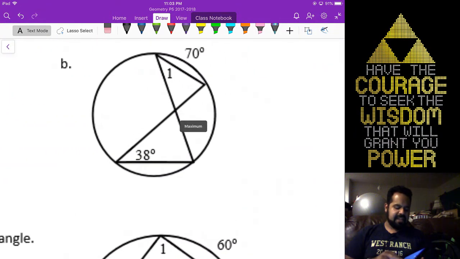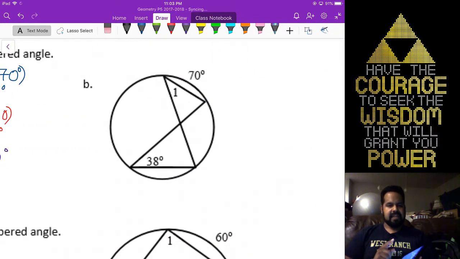Now on letter B, I notice that I have my angle 1, which is formed by these two chords. So the arc I'm looking at is this arc right here. I don't have any information about that arc, so I can't really do much.